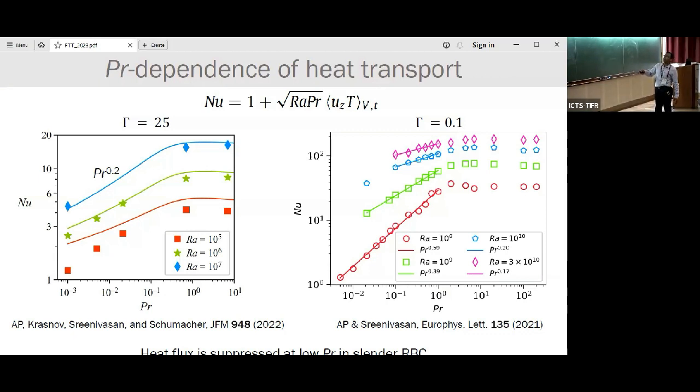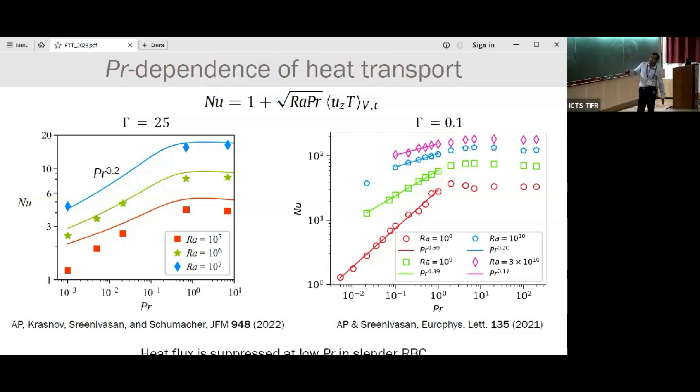We know from the simulations and experiments that Nusselt number increases with increasing Prandtl number because of the heat conduction. Fluid becomes more and more heat conductive as Prandtl number decreases. It contributes more to the total heat transport. And Nusselt number is the ratio of the total and conductive heat transport, so it decreases with decreasing Prandtl number in the low Prandtl number regime.